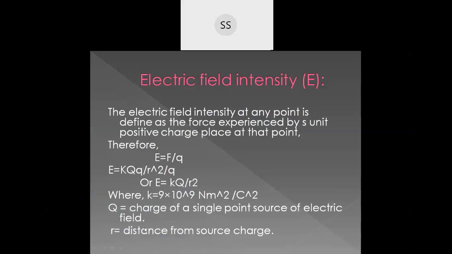Q is the charge of the single point source of the electric field, the magnitude of the source charge, and r is the distance of the unit positive charge from the source charge.